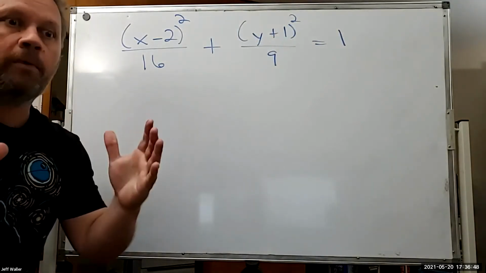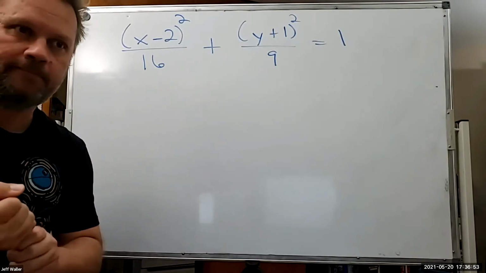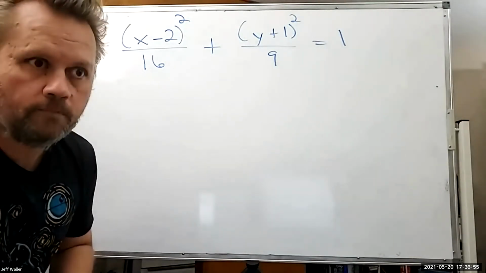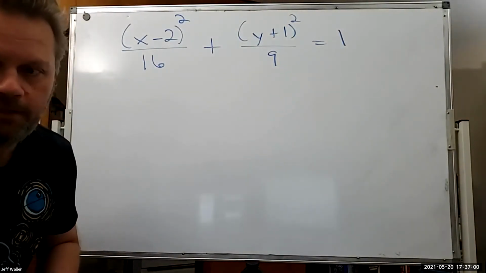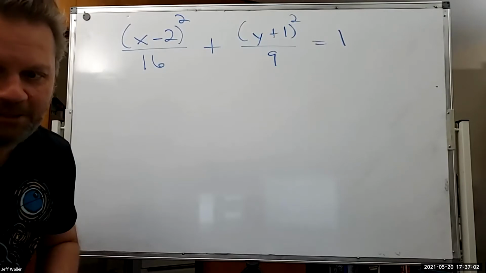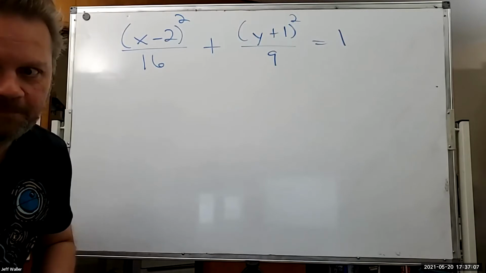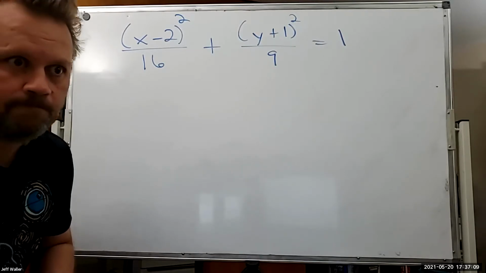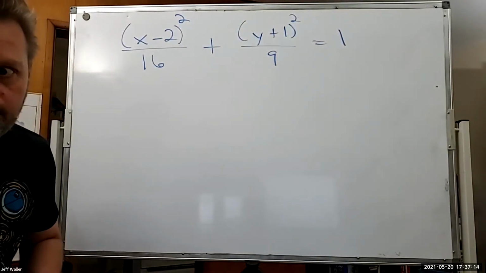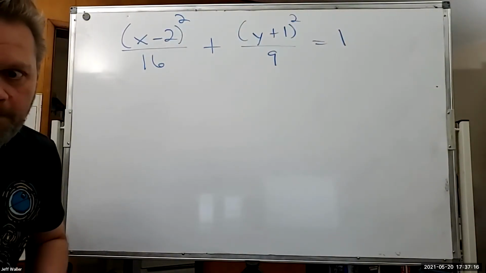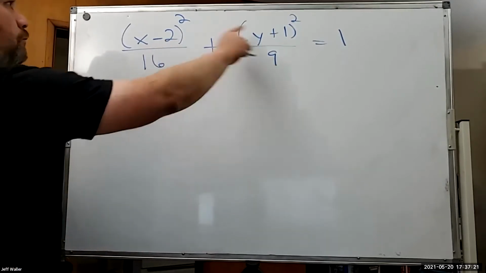Where's the center normally for an ellipse? 0, 0. I love it. So somebody else tell me, you should be able to tell me, where is the center now for this one? 2, minus 1. Hold on. There we go. I'm messing with this thing again. 2 right, 1 down. I love it. 2 right, 1 down. Kick ass.